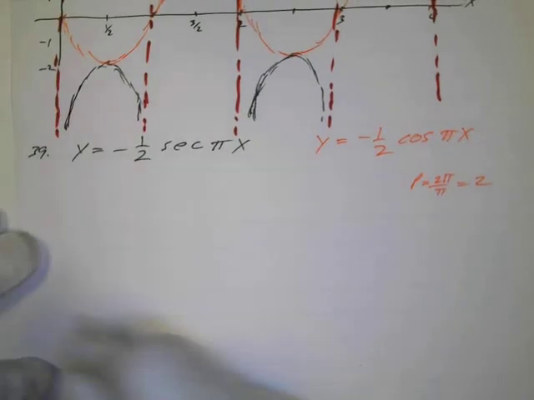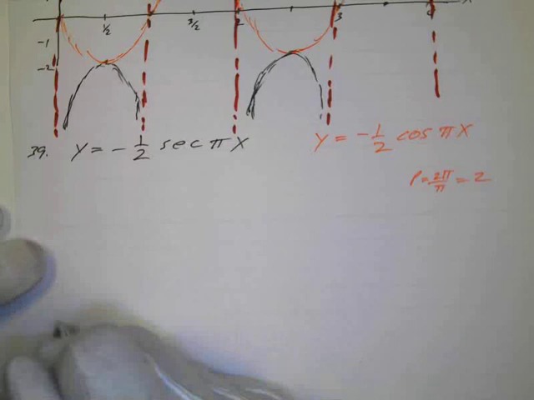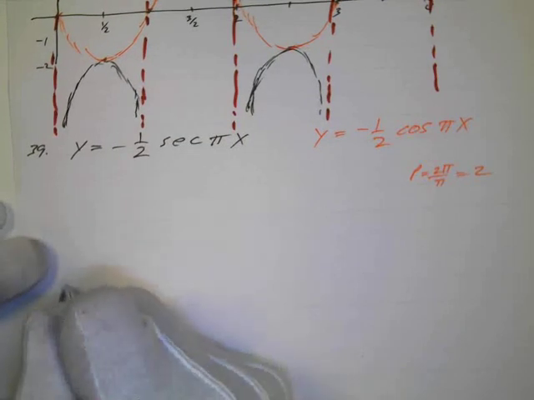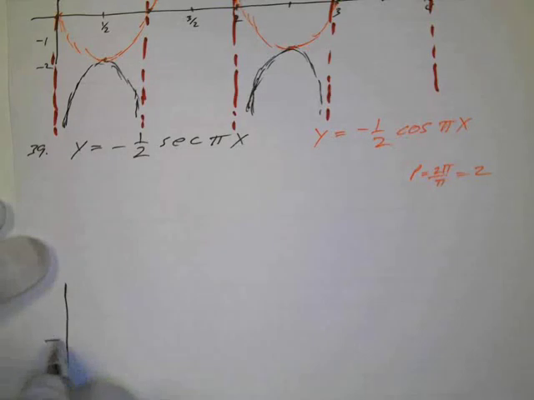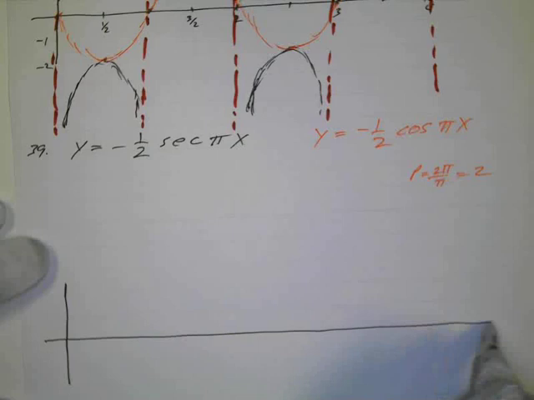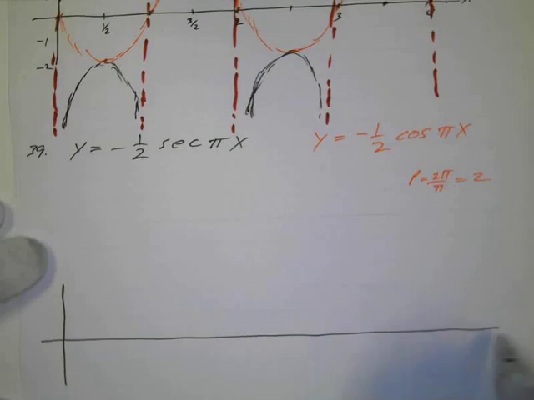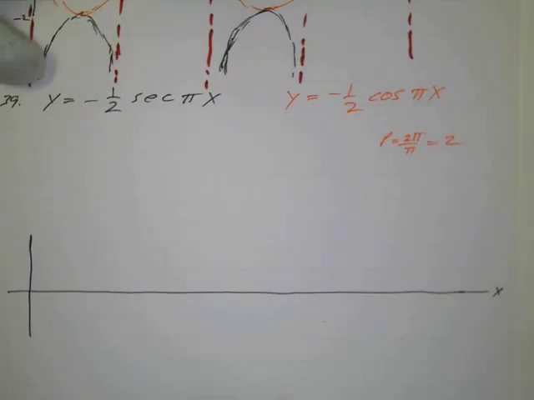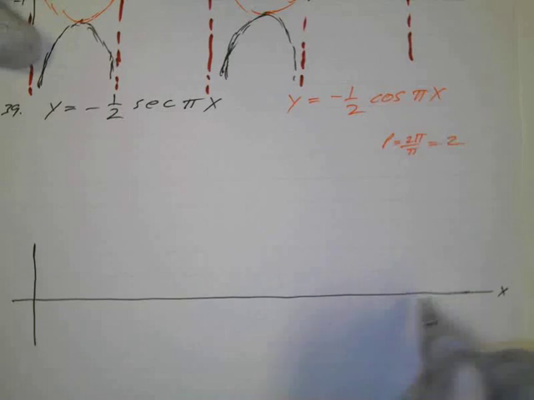So let's draw this axis here. Now on the cosine I want to go a little bit more because I'm going to have to lap it over.